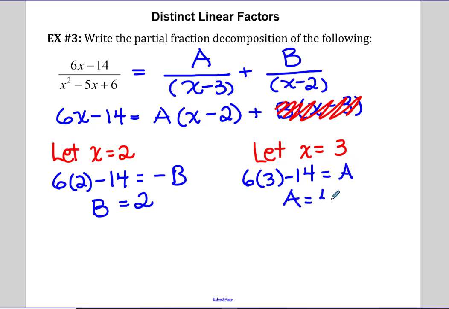So a is 4. And then replacing the unknowns with a 4 and b 2, this is our partial fraction decomposition. So I really prefer the Heaviside method when it works, and we can use that.